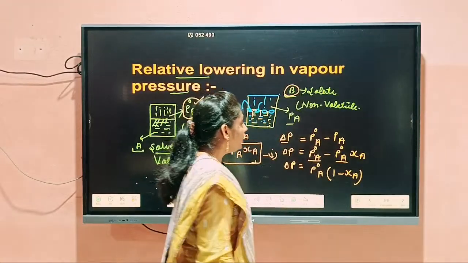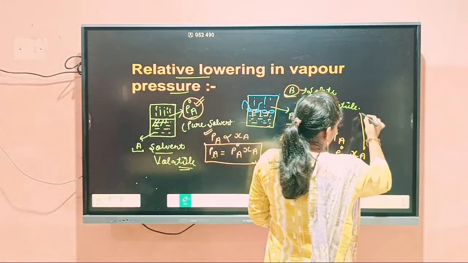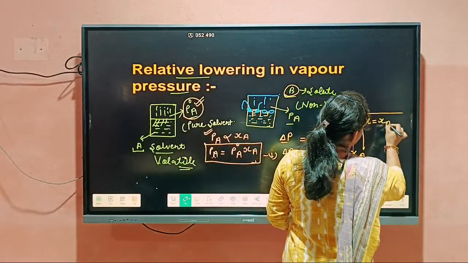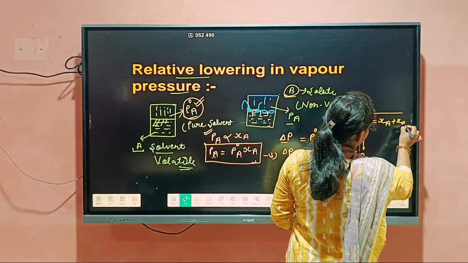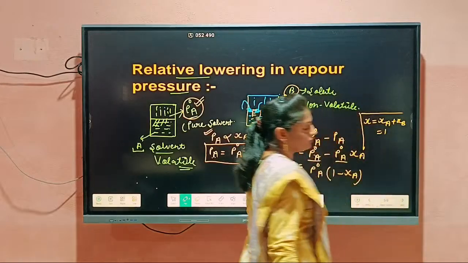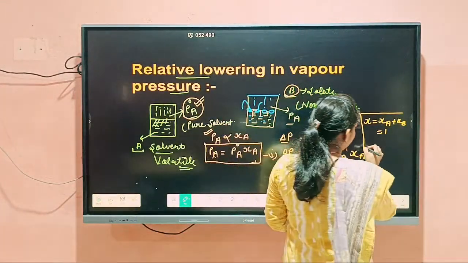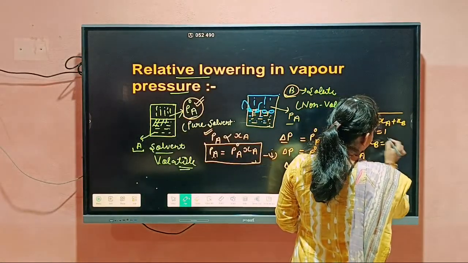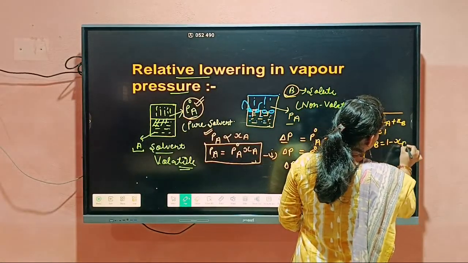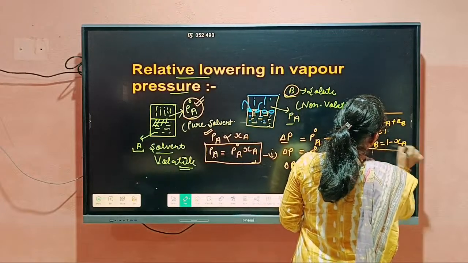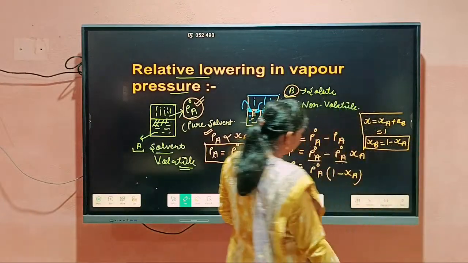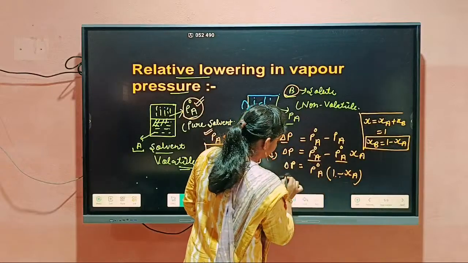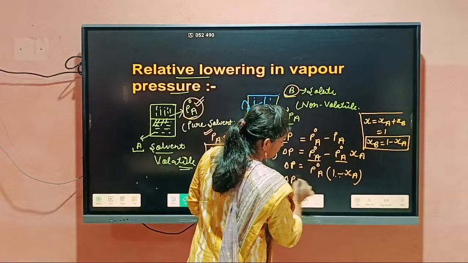Students, you know the total mole fraction of a solution is always 1. So here XA plus XB is equal to 1. So I can write XB is equal to 1 minus XA. Now put the value of 1 minus XA, it is equal to XB.